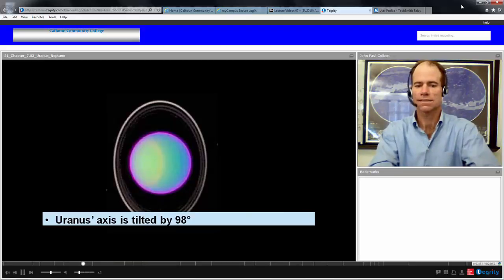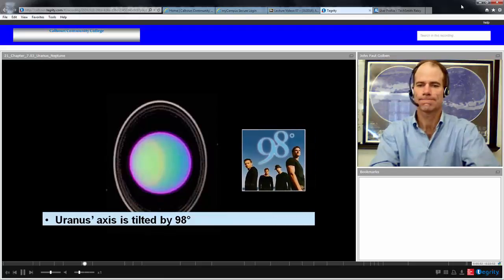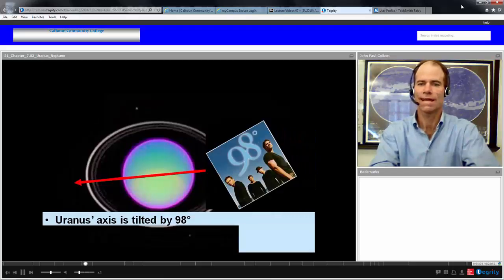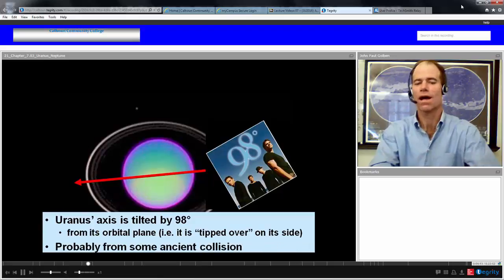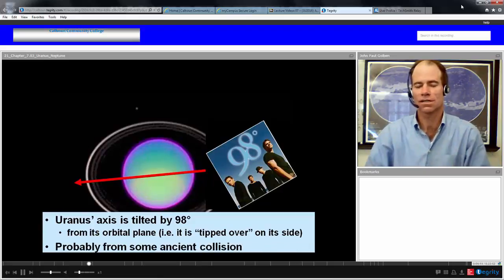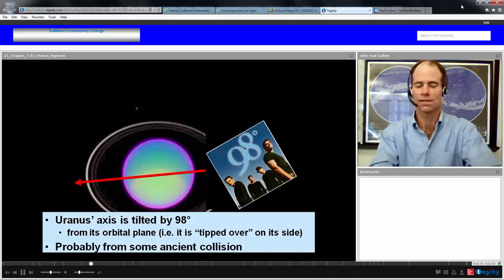Uranus's axis is tilted by 98 degrees. It's tipped over on its side, possibly from some ancient collision. Not this collision, but some ancient collision from some other large object.